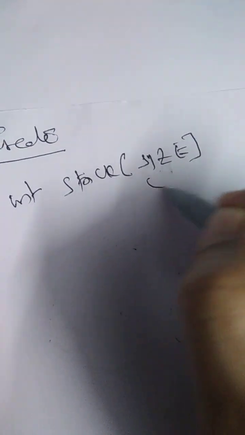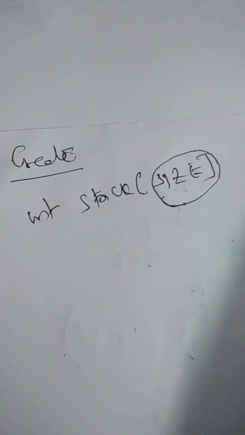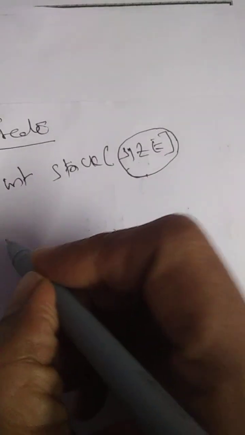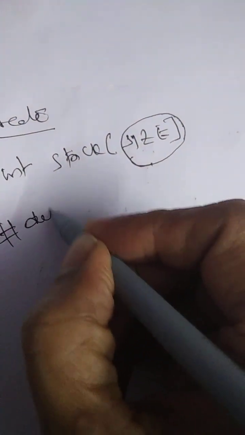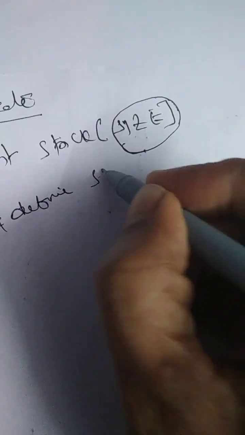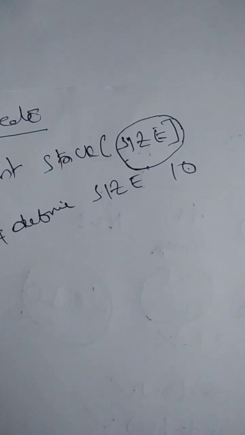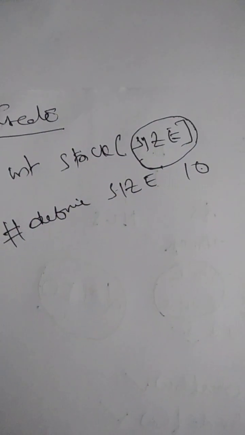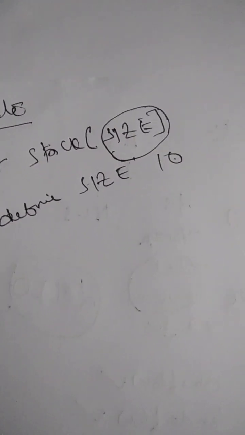You can define the size of the array by using a define constant, define SIZE 10. That means we can create a stack with 10 values.